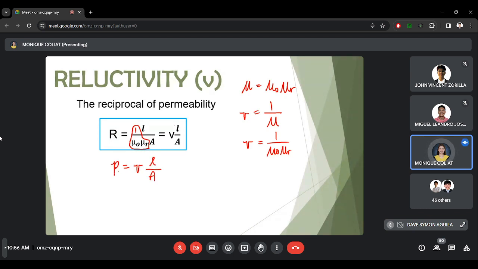You can use this as your formula in getting the reluctance.